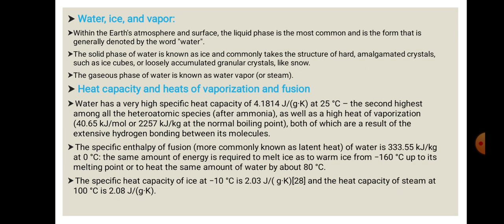The specific heat capacity of ice at minus 10 degrees Celsius is 2.03 joule per gram per Kelvin, and the heat capacity of steam at 100 degrees Celsius is 2.08 joule per gram Kelvin.